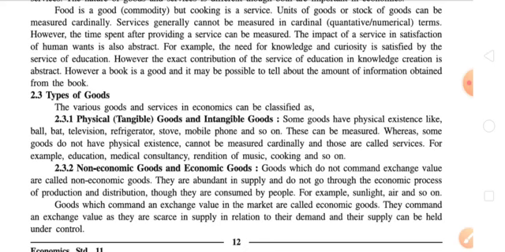If there is a question in your examination like give the meaning and examples of tangible goods, then you have to write: some goods have physical existence like ball, bat, television, refrigerator. You can write any of the examples given here, or you may have your own example if you have a clear-cut understanding of these tangible goods.